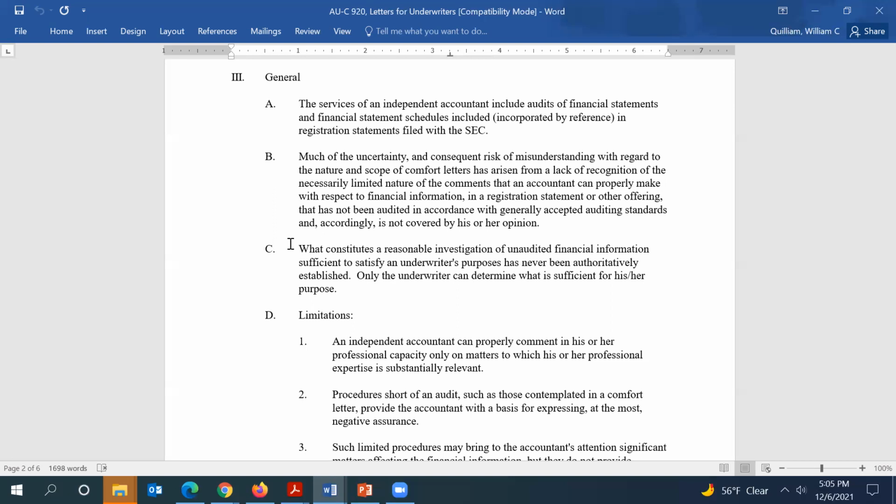Only the underwriter can determine what's sufficient. So the underwriter meets with the auditor, and they decide what information should be in. We always let the underwriter make the final decision. The reason is they know what's sufficient. We do not want to be accused of not giving sufficient information, so we let them make the final decision.